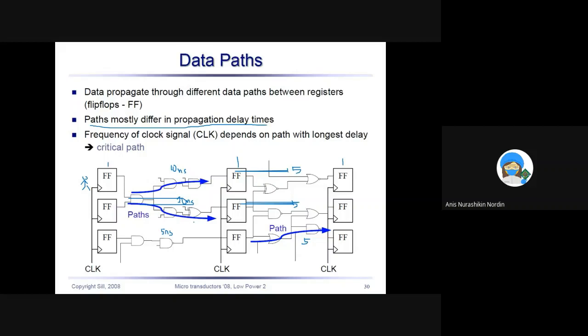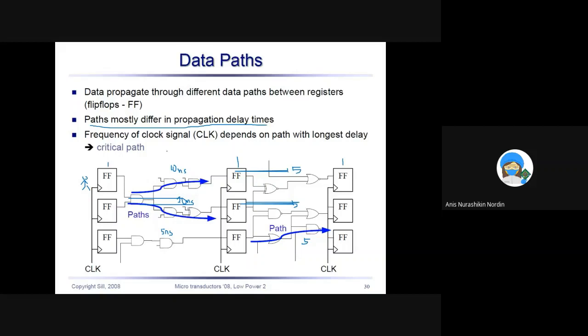What is the time with the longest delay? How many nanoseconds? 10? Longest, not. 20. So you can see out of these many, this is the highest delay, 20 nanoseconds here. Okay, so this is known as the critical path.